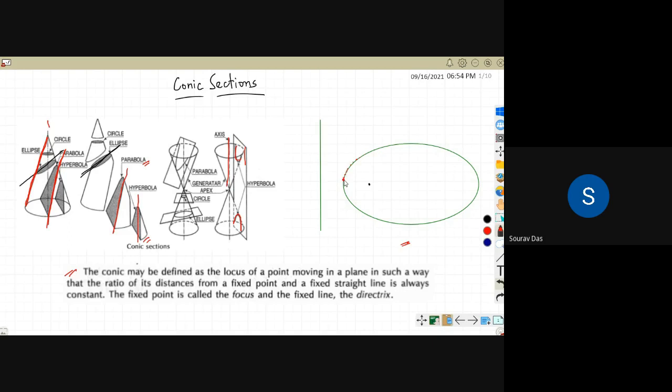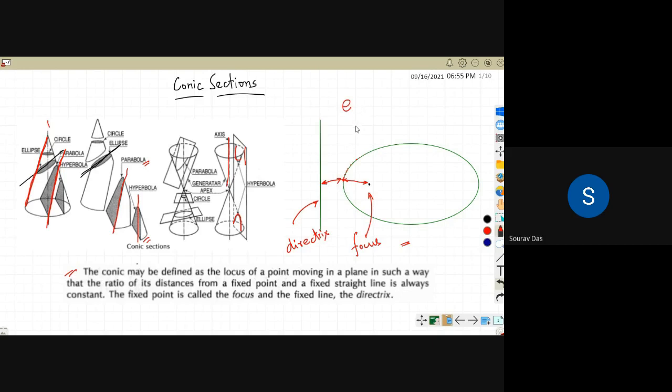Its distance from a fixed point and from a fixed line, the ratio is always constant. This fixed point is known as the focus, the fixed line is known as the directrix, and the ratio is known as eccentricity E.